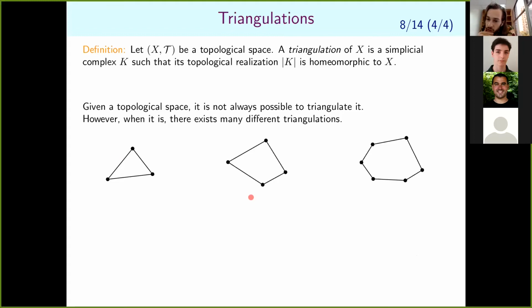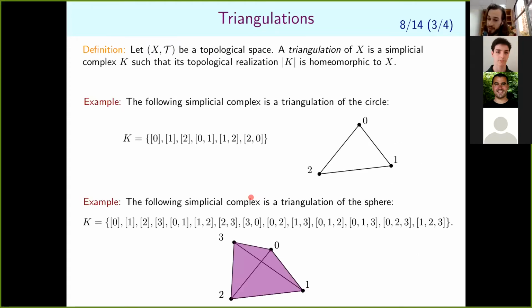I have a question from Claudio. In this example, if you also added 0, 1, 2, 3, it would be homotopy equivalent to the dot.